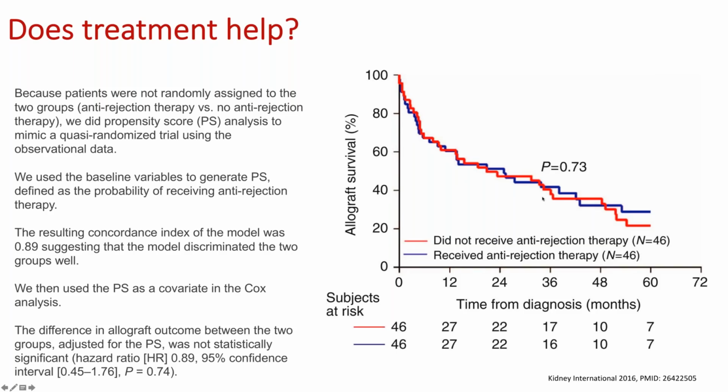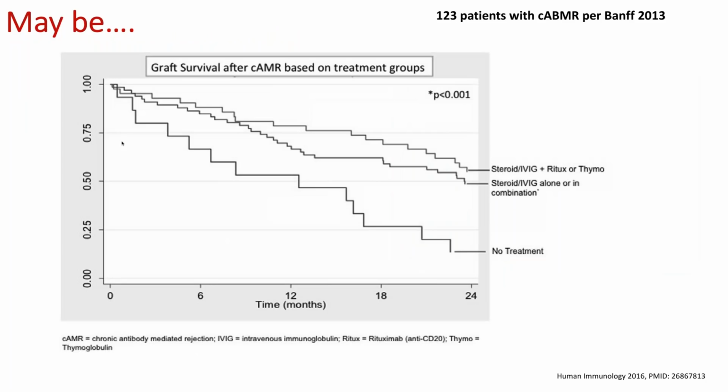Now, because this was a retrospective study, and the reason why somebody would have received anti-rejection therapy itself would have been biasing these results, we did a propensity score analysis to mimic a quasi-randomized trial. Based on the propensity score analysis also, we did not find that the treatment was in any way significant. But maybe it'll be of some help.